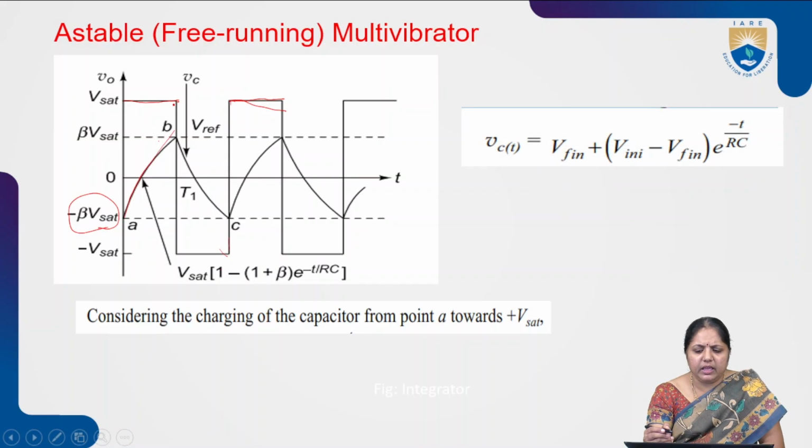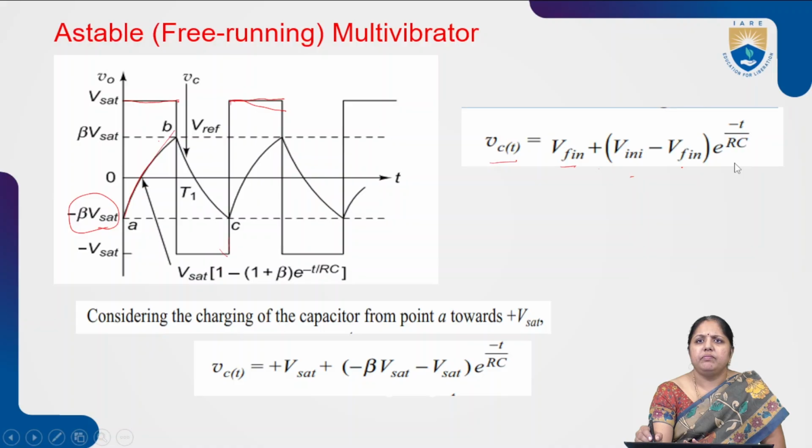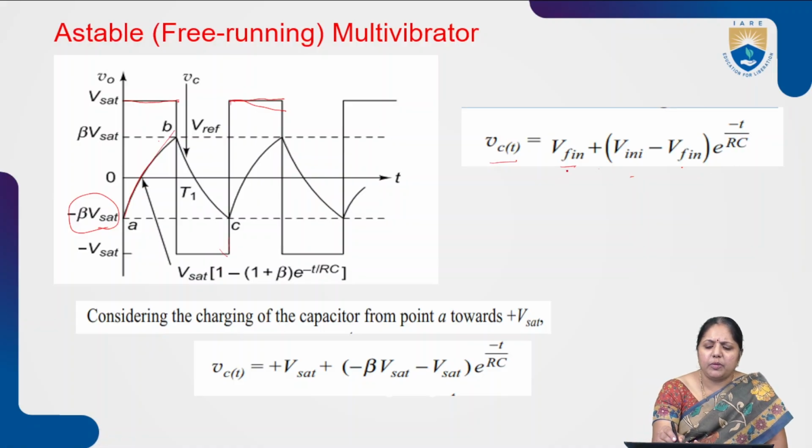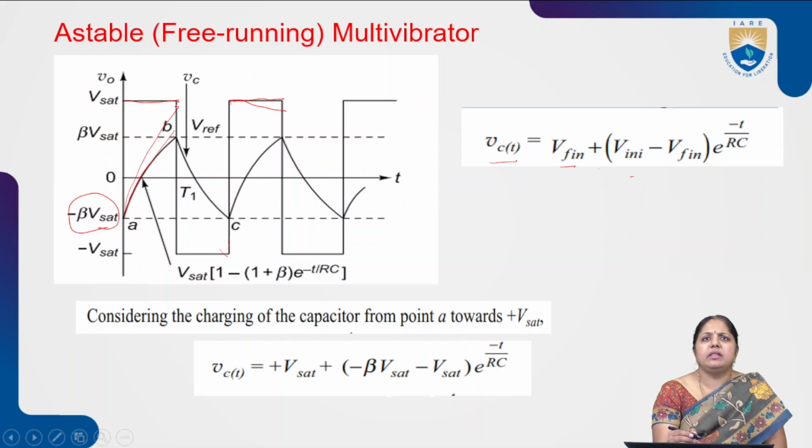So by considering the initial voltage and final voltage expression, the voltage across the capacitor depends on time as: final voltage plus (initial voltage minus final voltage) times e power minus t by RC. So what is the final voltage? Your capacitor actually has to reach plus beta Vsat.